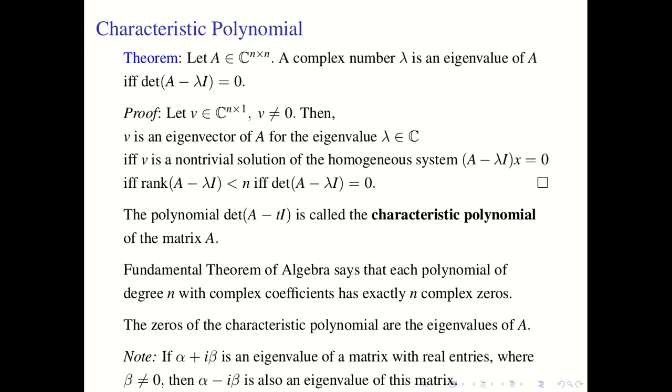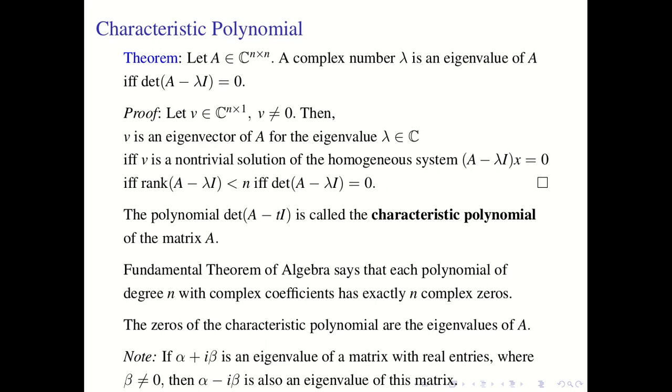Then V is an eigenvector of A for the eigenvalue lambda if and only if AV is equal to lambda V, or in other words AV minus lambda V is 0, or in other words A minus lambda times I multiplied with vector V is 0 if and only if V is a non-trivial solution of the homogeneous system A minus lambda I times x, where x denotes the n vector with variables x1, x2 up to xn.